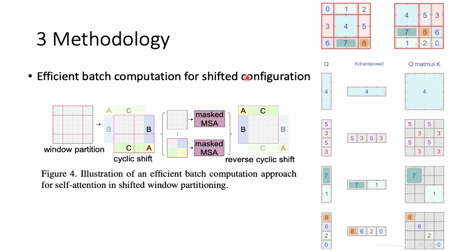There is an efficient trick which is also one of the main contributions of this paper. The authors propose cyclic shift. In other words, concatenate the overflow of the top and left parts to the corresponding bottom and right parts as the figure shows. Then the number of total windows will remain the same.